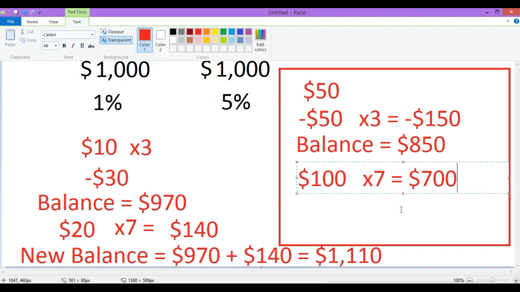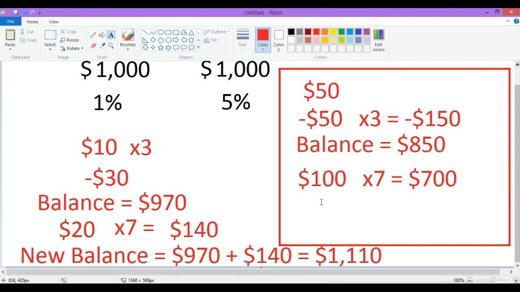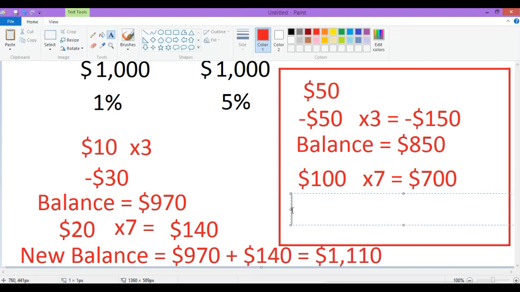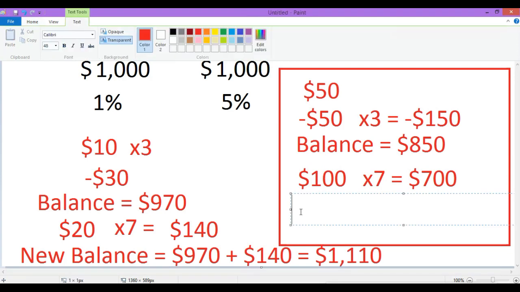Now the new balance is just to add the profits made from the last 7 trades to the previous balance he had.